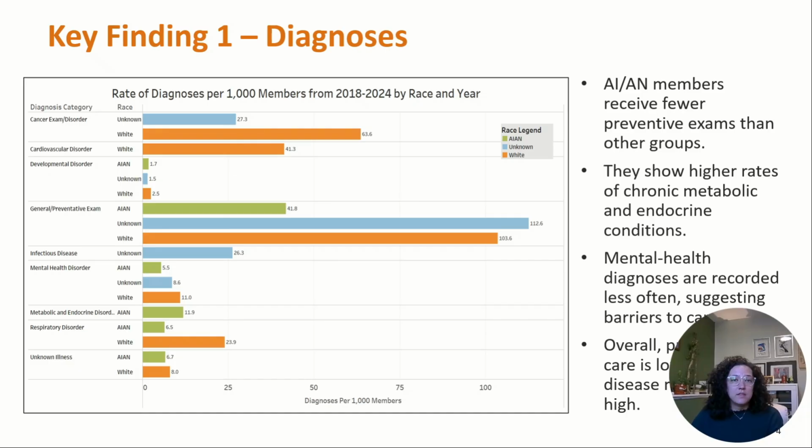This to me really suggests, and to Denver Indian Center, that people are reaching care later, when problems have already progressed. We also saw fewer recorded mental health diagnoses. Again, that doesn't mean less need. It's more likely underdiagnosed, possible stigma, or simply that mental health care often happens in settings that don't bill through insurance and therefore don't appear in these data.